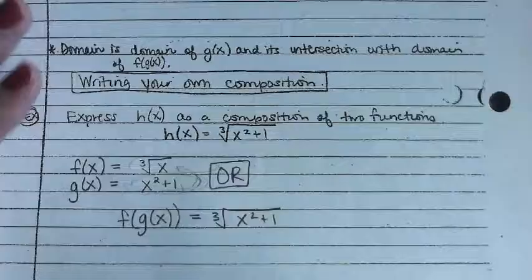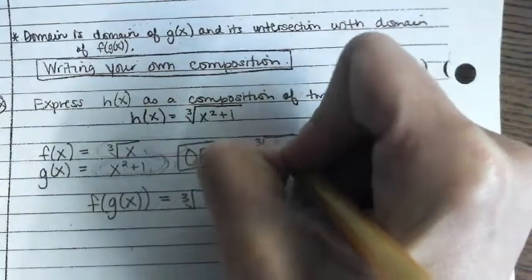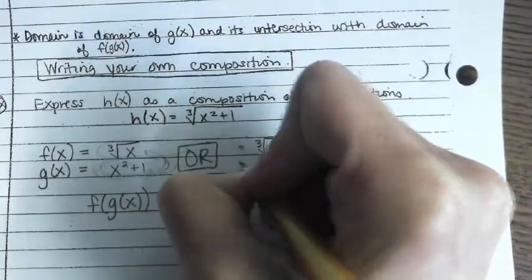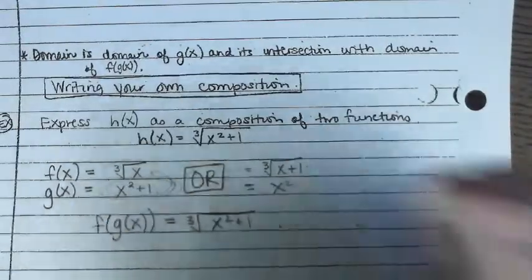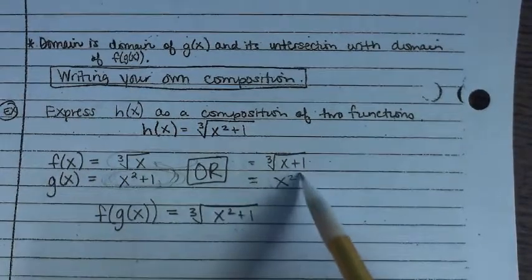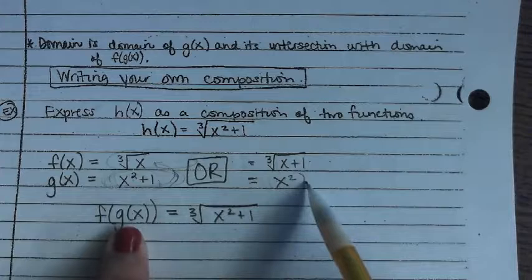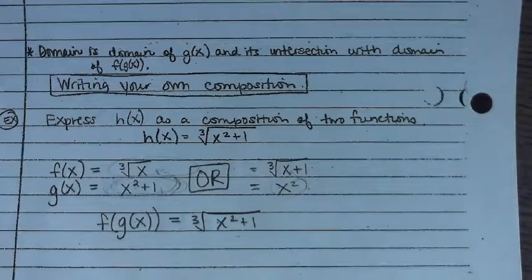There's definitely more than one way to do this. Any other ideas? Liam? How do we like that? If I take this x squared, take my g of x, and plug it into the f of x function, that would also give you that same thing. Nice.